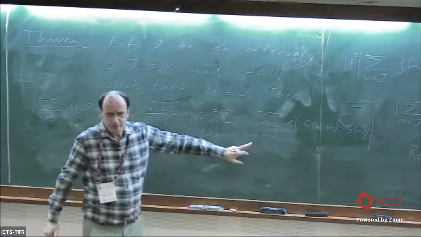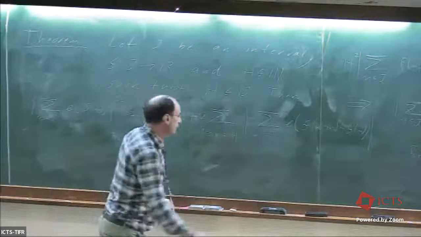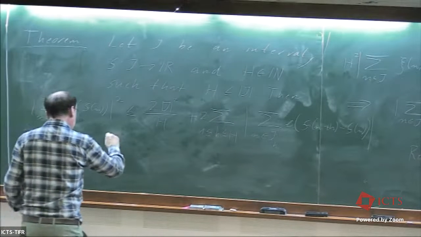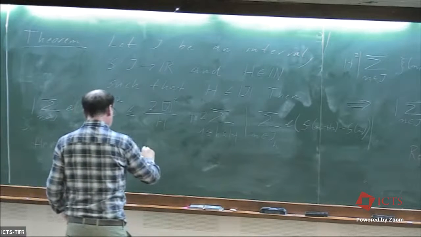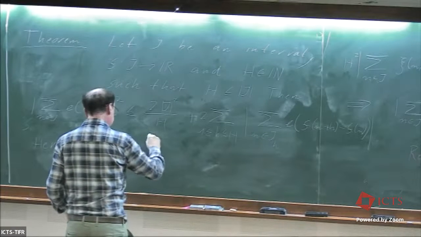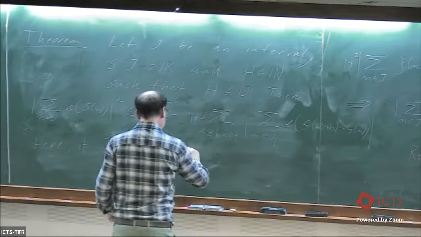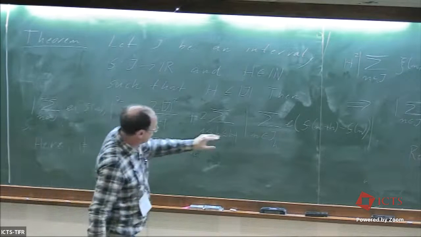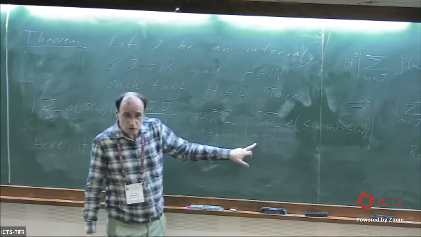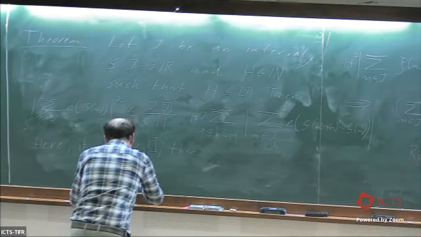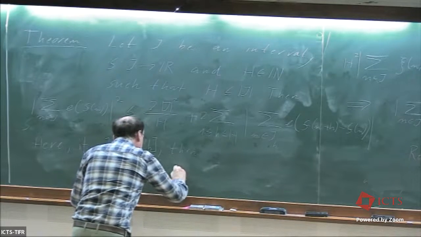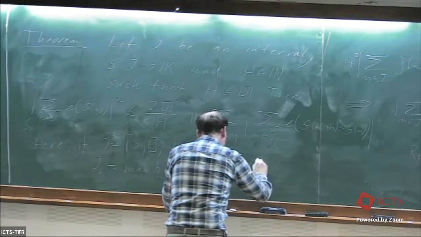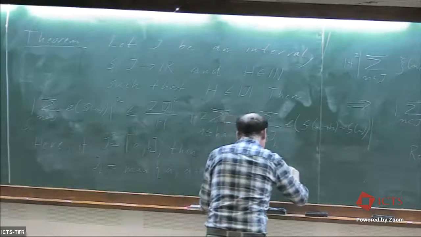Let's write down this IH also explicitly. Here, if I is the interval from A to B, then IH, since we have these two conditions, n element of I and n plus h element of I, we get maximum A plus h, minimum B minus h.